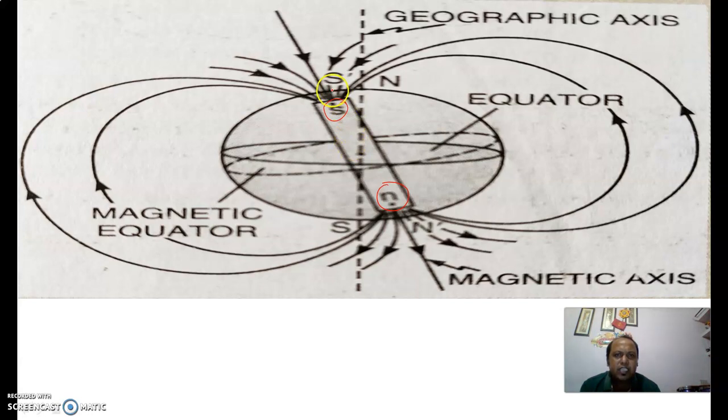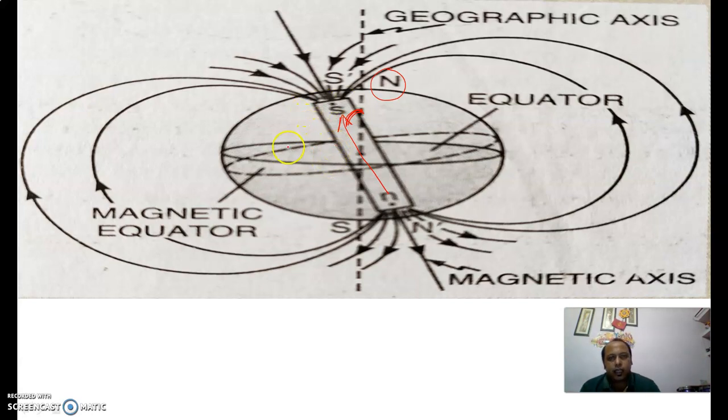They will have a certain angle between them. A magnetic needle will point in the magnetic direction, but we need to know the direction of geographical north. So we have to know the angle which the magnetic meridian makes with the geographical meridian, and that angle will give you the direction of the geographical north.